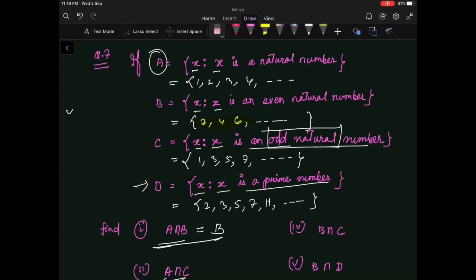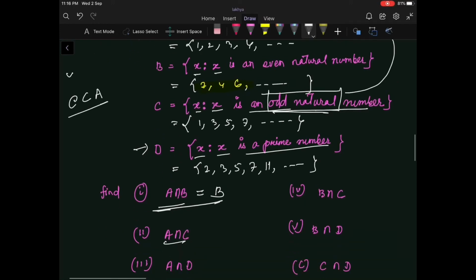Set C is a set of odd natural numbers, and set A is a set of natural numbers. So that means all the odd natural numbers are in the set of natural numbers. That's why C is also a subset of set A. That's why A intersection C must give set C, as all the elements in set C are present in set A.